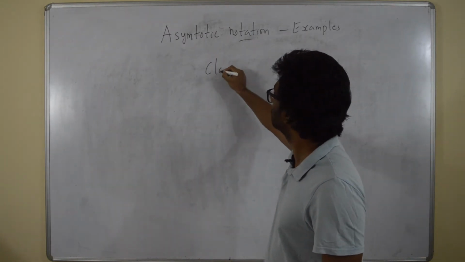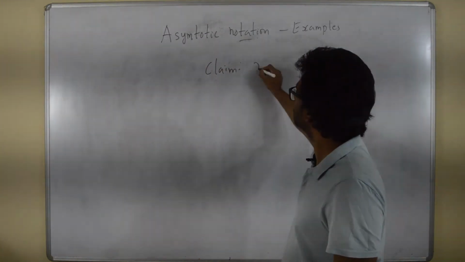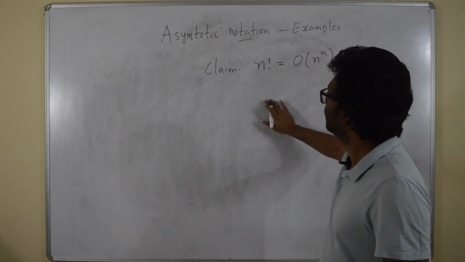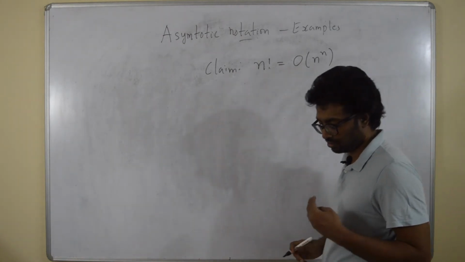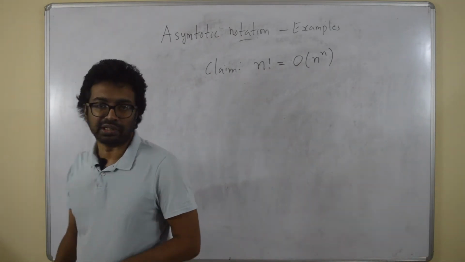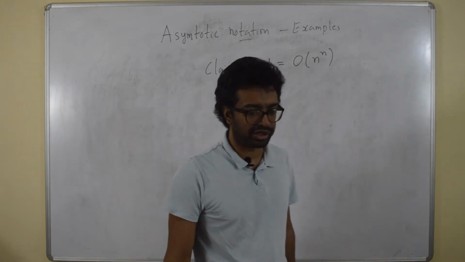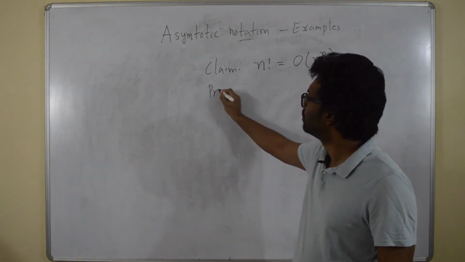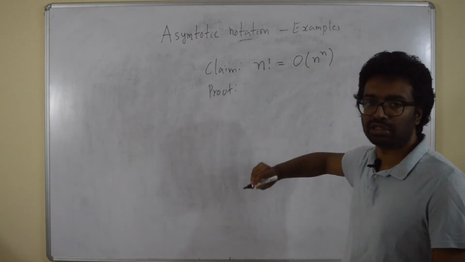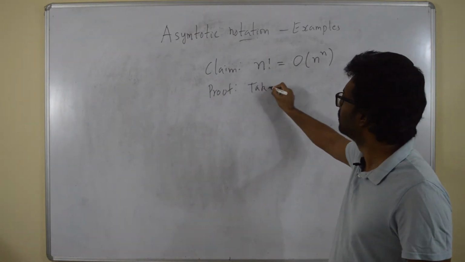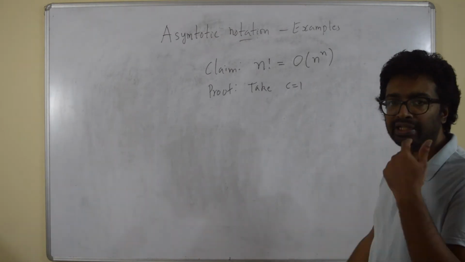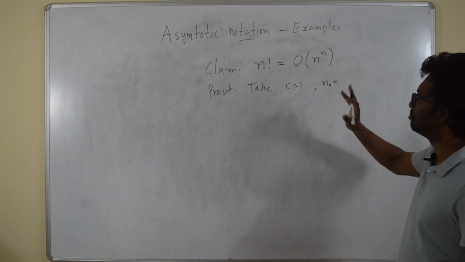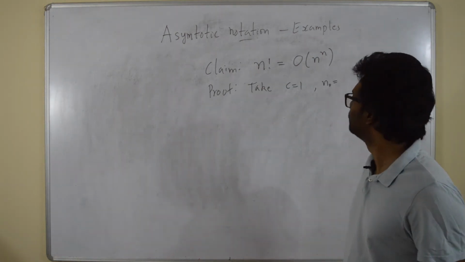Claim: n factorial is equal to order of n raised to n. This is a little more tricky, and I'm going to prove this by proof. For this, I'm going to take c is equal to 1. Okay, n0 I'll fix a little after. Let's go through it and see how to fix it.